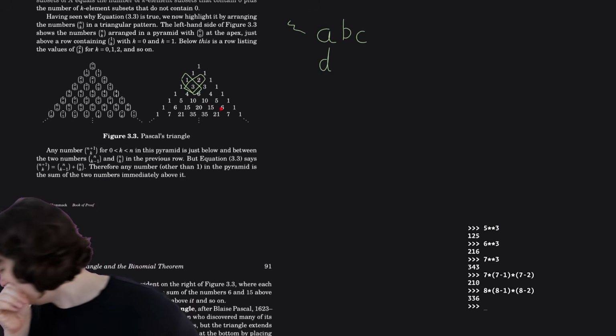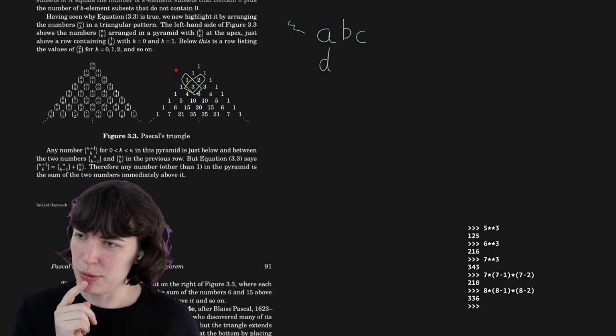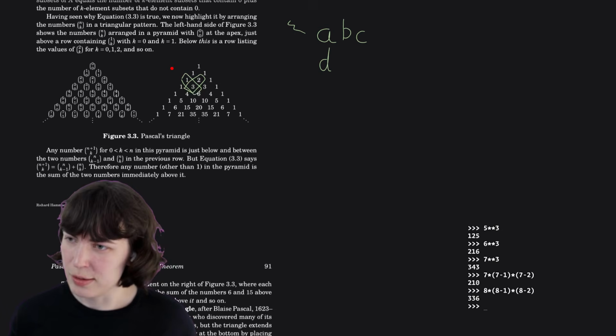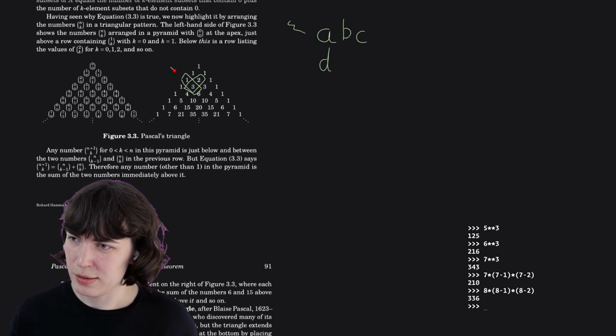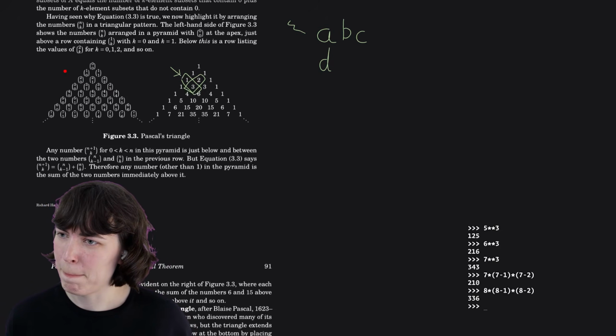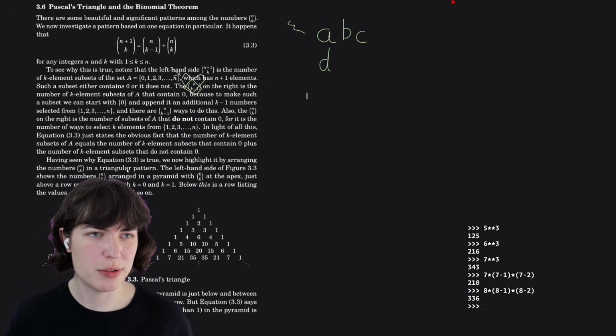But we know that's... I already know that's how Pascal's triangle works, right? So in this picture, this is the number of ones, 2 choose 0 and 2 choose 1. Okay, where does this come in?